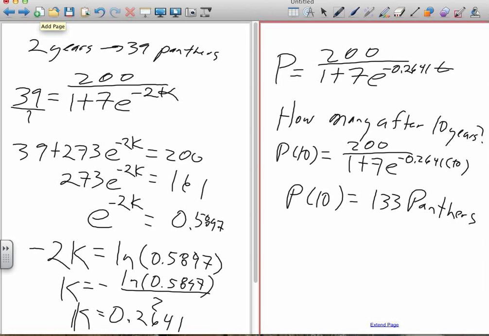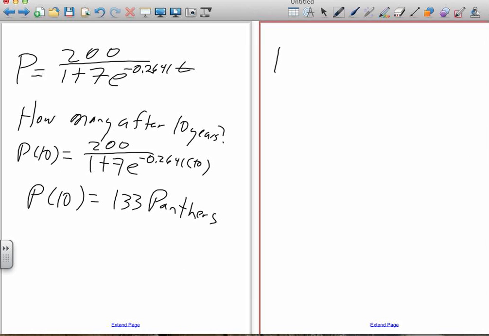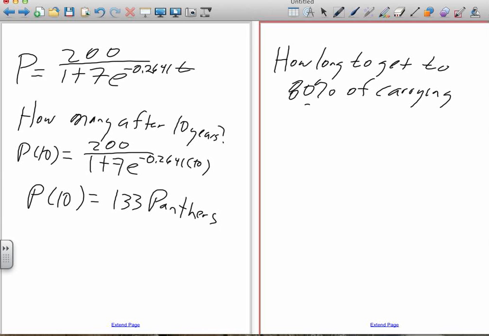Okay, the other typical question asked then is, how long to get to 80% of carrying capacity? And the reason people ask this is often a cutoff where hunting is allowed.